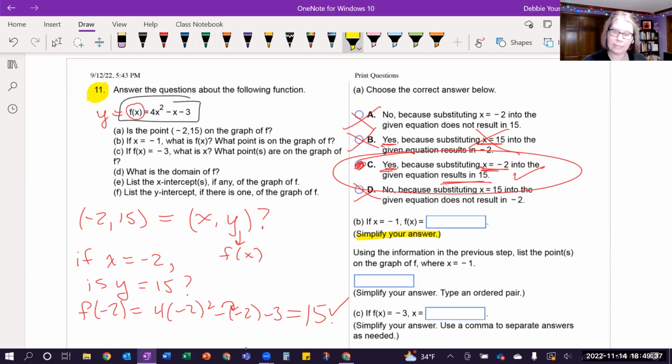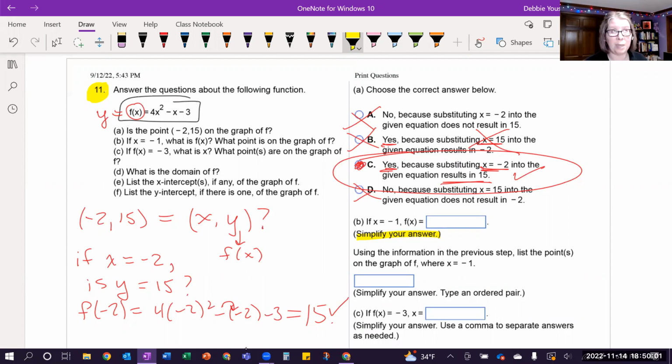I just need to plug in an input value and see what I get as an output. It's just phrased differently. So A and B are really having you do the same thing with a different number, but it's just asked differently. And I know that's confusing sometimes to students, why do they have to be phrased differently even though they're testing the same thing. But, you know, math is like that.